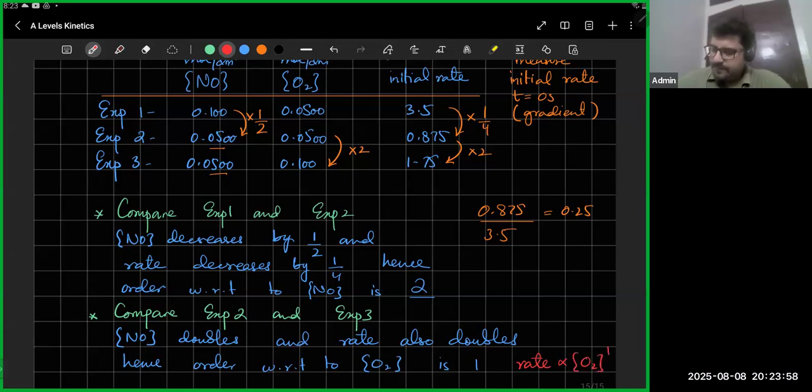It's power 1. And the order with respect to NO is 2. That means rate is proportional to NO's concentration, and that's squared. Okay, is this thing clear? So this is the third way of finding out how the order of reaction varies.